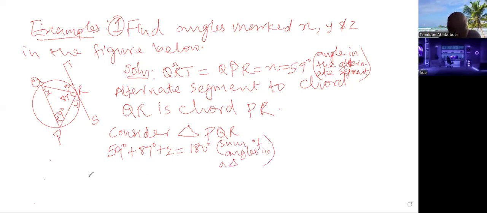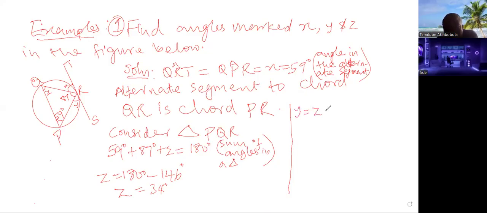That's the rule I've used. So that will give us that Z equals 180 degrees minus, if you say 59 plus 87, that will give us 146. So Z will be 34. Is that clear? Yes, sir. So if Z is now 34, you will now say that Y is equal to Z equals 34.